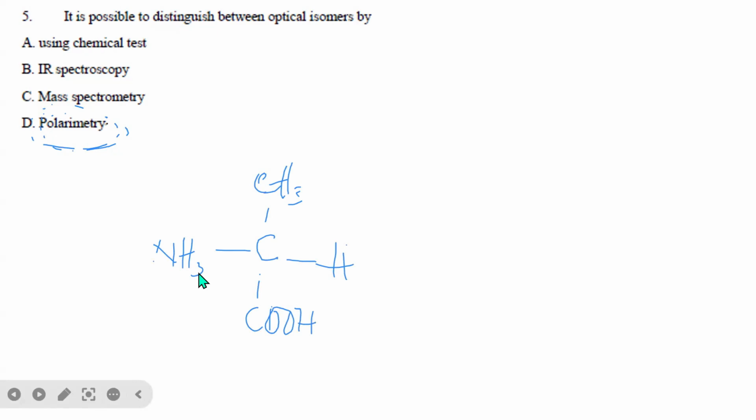And then of course you can have another one here, with CH3, hydrogen, COOH, and NH3.